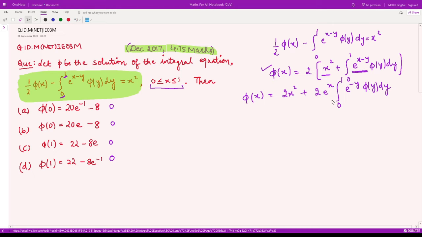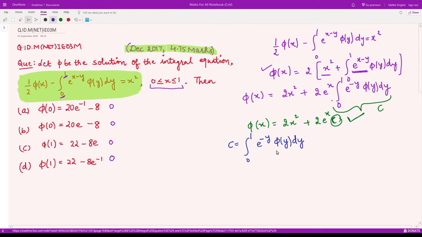I can call this term some constant c, right? So phi of x becomes 2x square plus 2 e to the power x into c, right? So this would be our solution, and here we need to find the value of c. So what is c over here? C is equal to integration from 0 to 1 e to the power minus y phi of y dy.